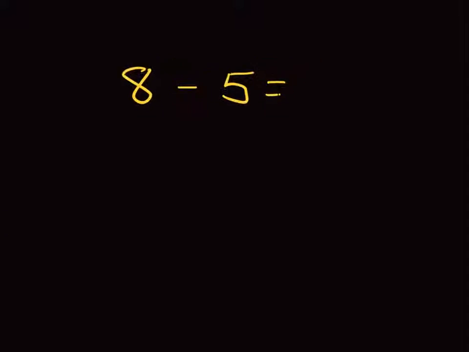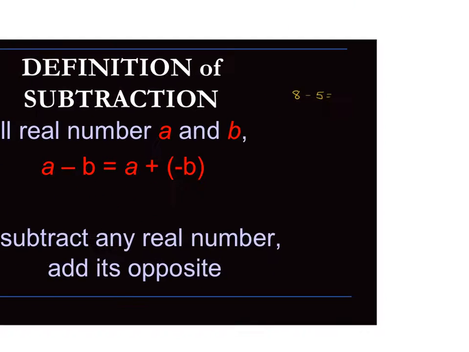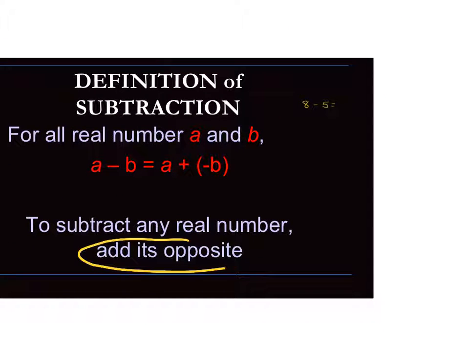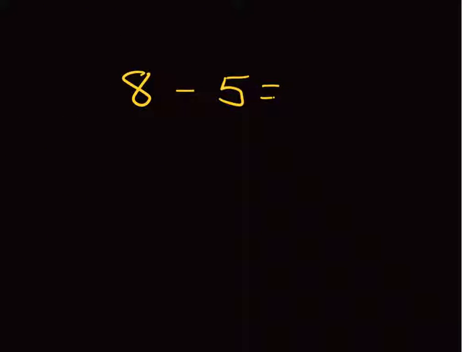And if you don't like subtraction, especially when it deals with numbers that are tough, you can turn it into addition. So, subtraction means add the opposite. That's the key word there. I'm going to keep saying that, add the opposite. So, instead of subtracting 5, I'm going to take 8 and add the opposite of 5. What's the opposite of 5?